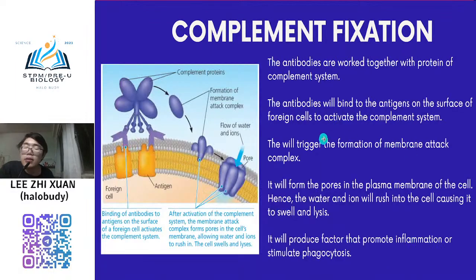Okay, another one, the new thing, is complement fixation. Another name is activation of the complement system, which involves your complement proteins. So you see this diagram. This is your complement protein, this is another protein, and the antibody is here, and then this is your antigen.